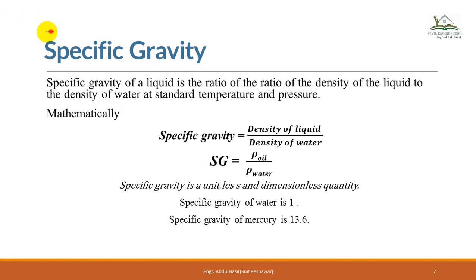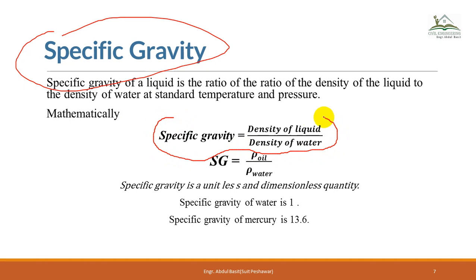Coming to specific gravity. Specific gravity is the ratio of the density of a liquid to the density of water. If we are talking about any type of oil, it will be the density of that oil divided by the density of water. If it is the specific gravity of petrol, it will be the density of petrol divided by the density of water.